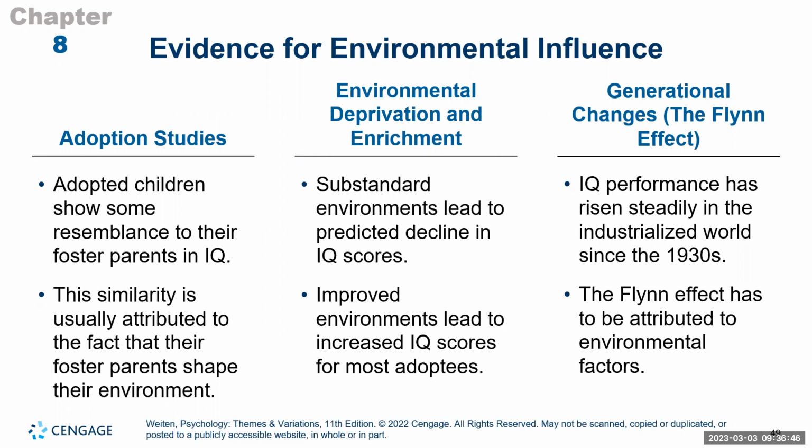So again, the Flynn effect means that there are so many environmental factors that are influencing IQ. And the rise of IQ from generation to generation is associated with the technology that we have at our fingertips, right? So as we continue to get older and older, each generation continues to get smarter and smarter. And it might not be smarter, but they just have more information at their fingertips.